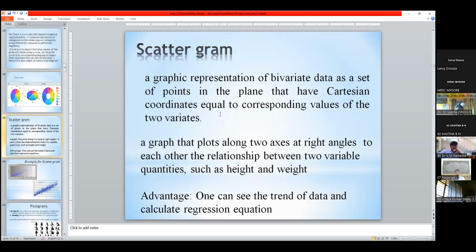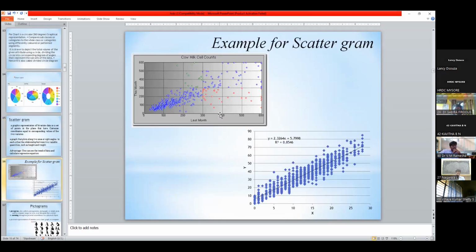Based on that, the scatters are seen. For example, you can see here, for each x value, what is happening to, for example, cow milk production or cell counts.